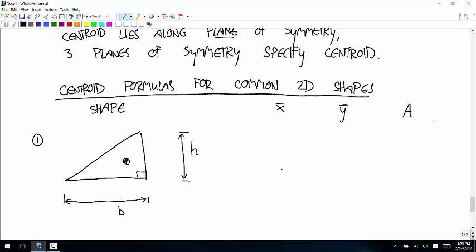You go one way, you get to the point, you go the other way, you get to the wall. And it's true going vertically too. Here's the wall and here's the point. So the centroid is always 1/3 of the way from the wall going towards the point.